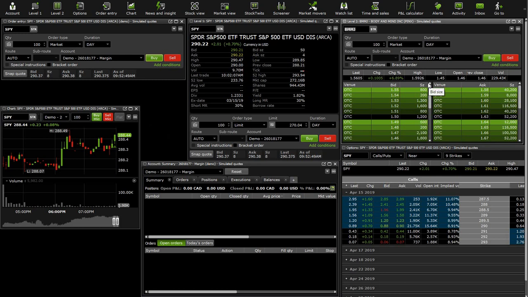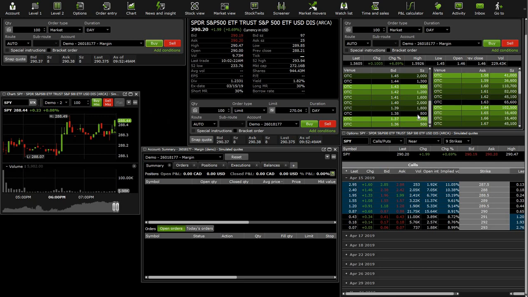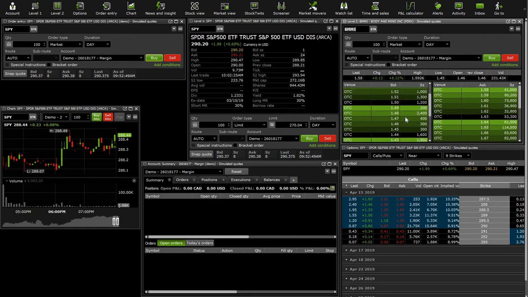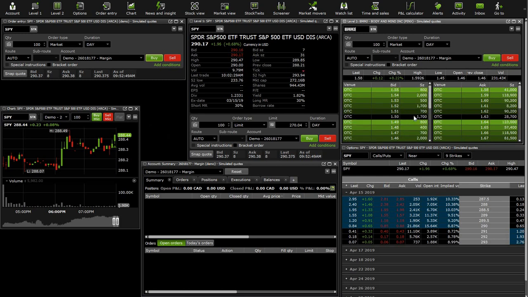If I was going to sell 50,000 shares right now at market, it would eat all of these shares up. If I was selling at 155, I'm not going to get filled at 155. We're probably going to go all the way down into the 130s, so your average fill price is probably going to be around 140. And if you had 50,000 shares, that's a lot of money, right? Same as if you were buying.